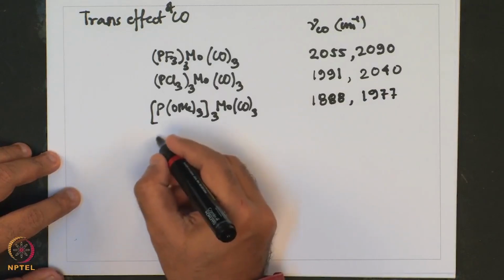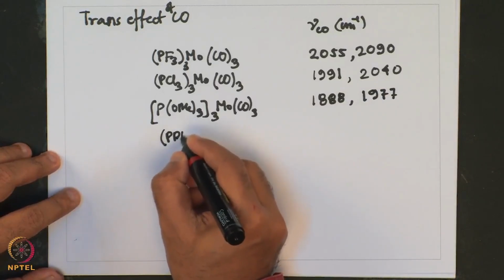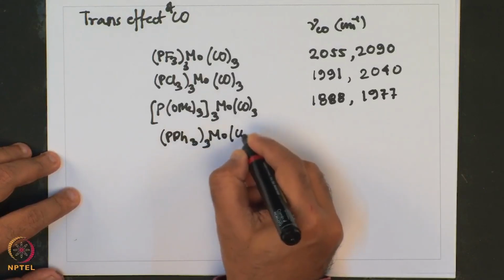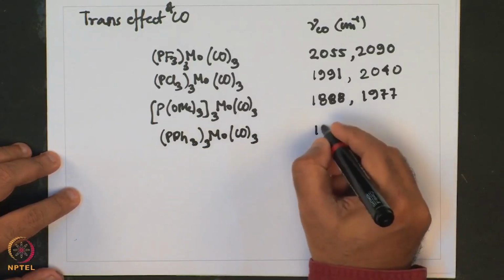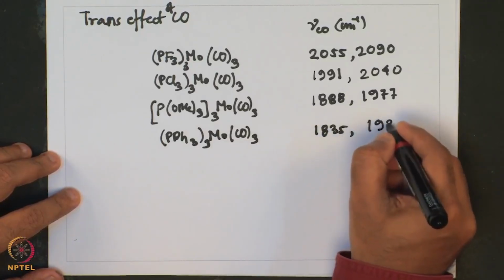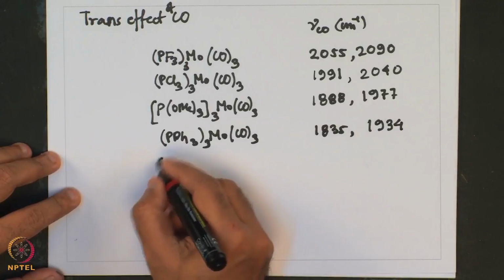Some more examples: PPh3 Mo(CO)3, 1835, 1934.